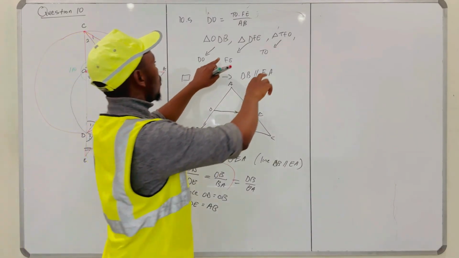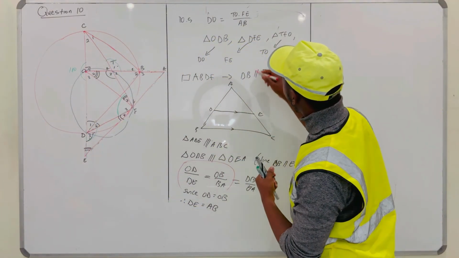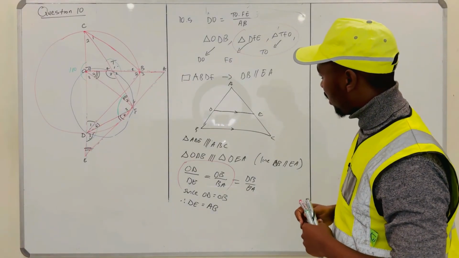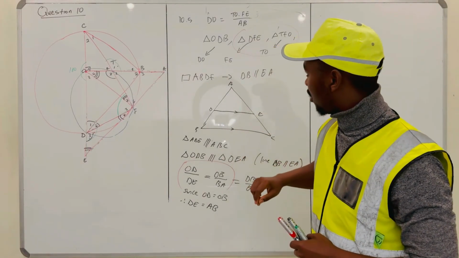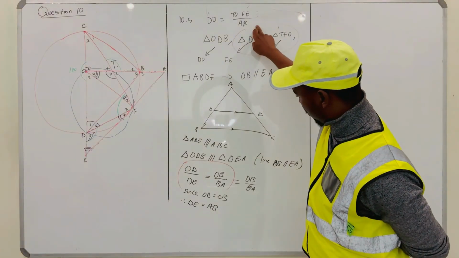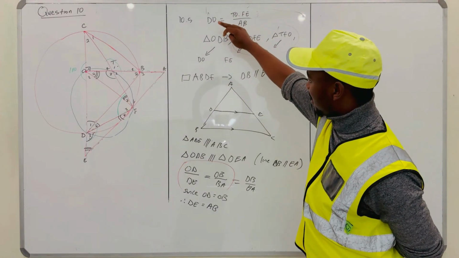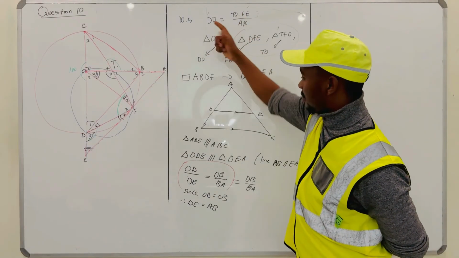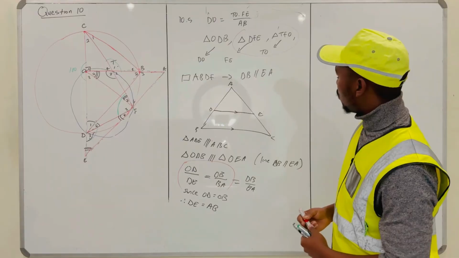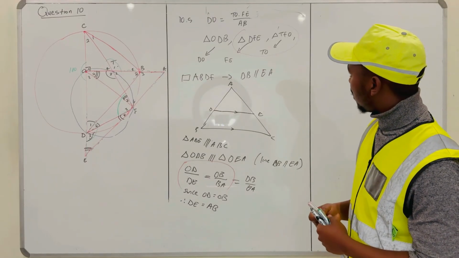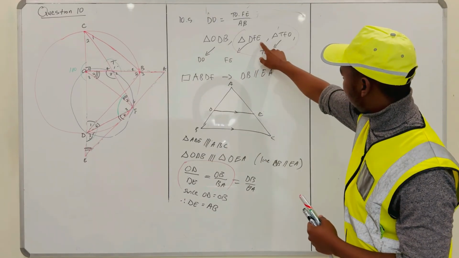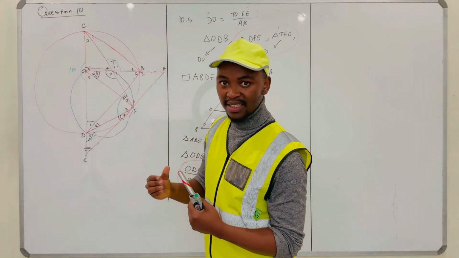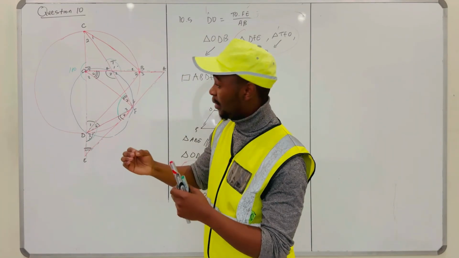Okay, so now we can link DE or AB to one of the sides. Now we can go back to these ones that we have here. If we go back there, we have similar triangles there, because now we have AB and we have DE. DE doesn't exist there, but we now have to link TO, FE, and maybe DO. So if these are similar, if we divide corresponding sides, those ratios should be maintained.